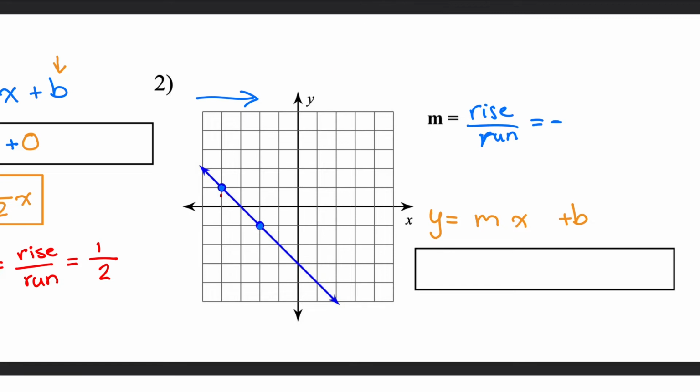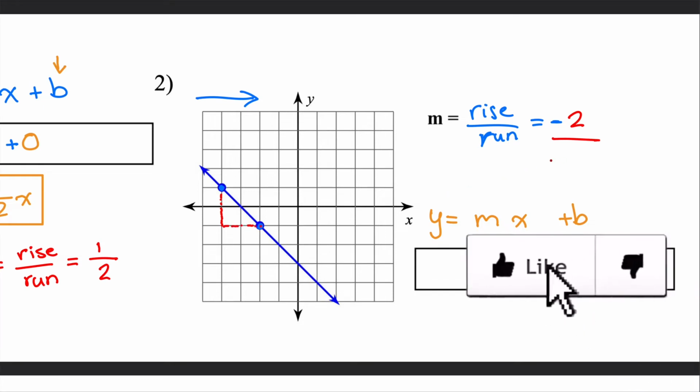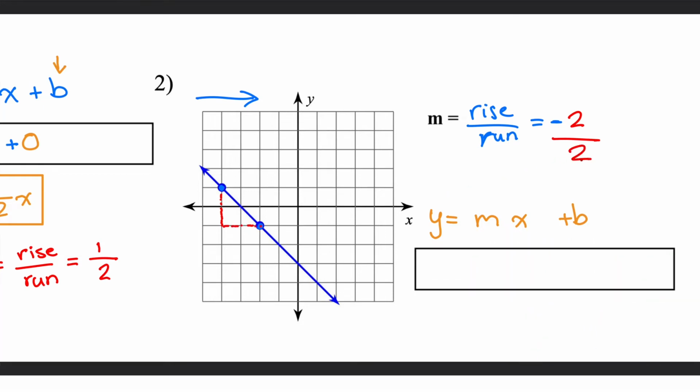We go down 1 box, 2 boxes, so it's negative 2 over, how much do we have to run? 1 and 2. So we have to run 2. And you can notice that you can simplify this. 2 divided by 2 is 1, then we have the negative sign, negative 1. And that's our slope.